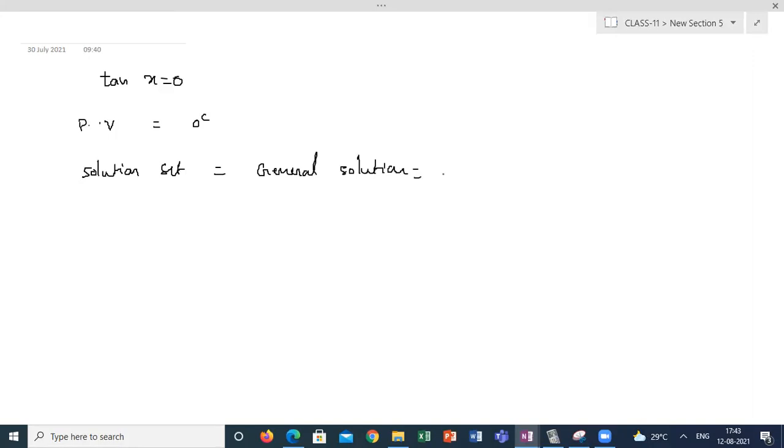Same as sine. 0 plus or minus pi, plus or minus 2 pi, plus or minus 3 pi, plus or minus 4 pi. So x such that x is equal to n pi, where n is an integer. This is the solution set of tan x is equal to 0. Is it clear?